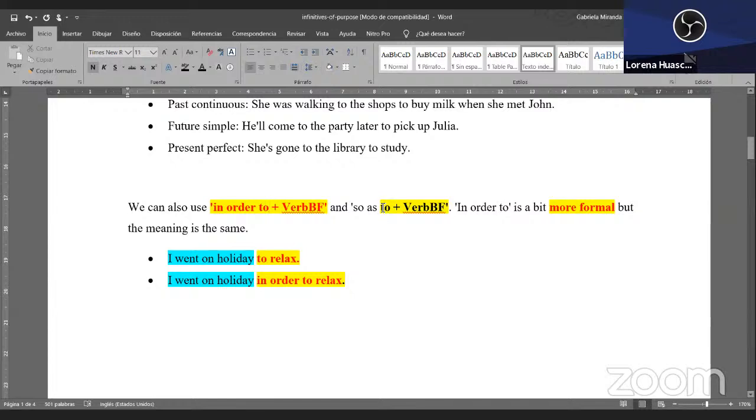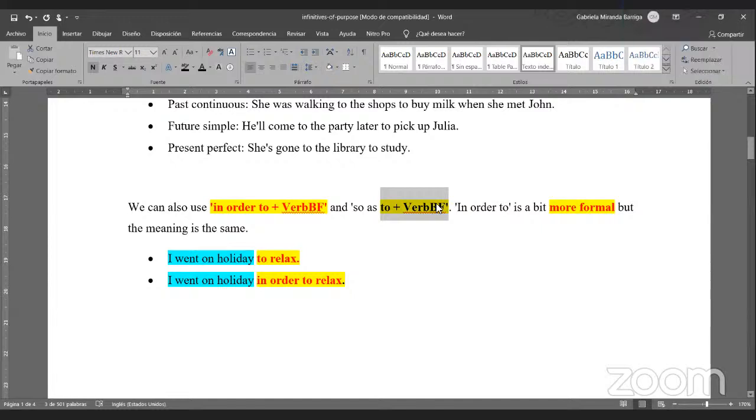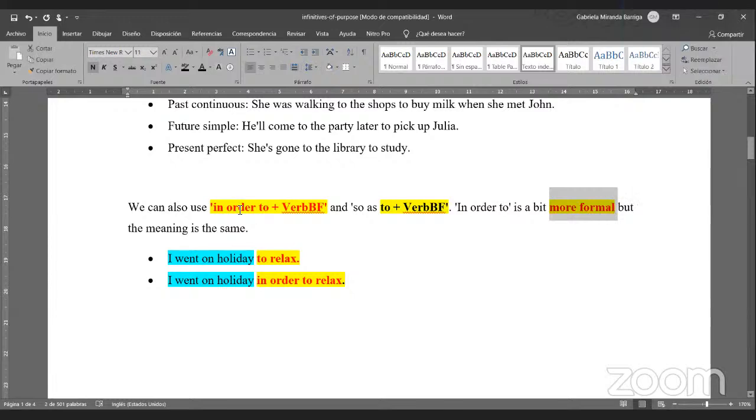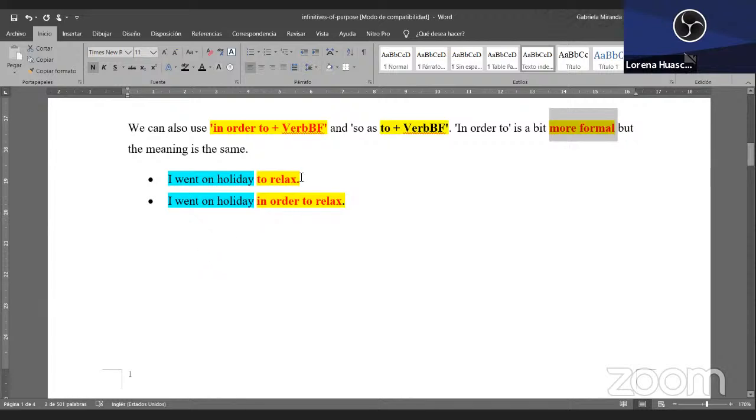To plus the verb in base form is kind of informal, and in order to plus verb in base form is more formal. So this is more formal and this is informal or common. I could use both: I went on holiday to relax, or I went on holiday in order to relax. Both are okay.